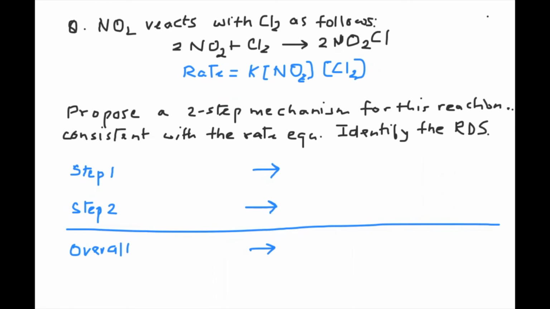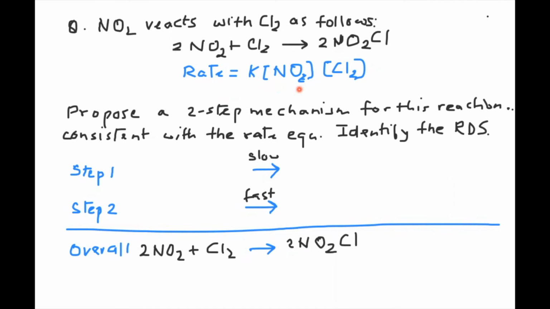Let's take another example of the reaction of NO2 with Cl2, where the rate equation states that NO2 and Cl2 are both first order. Let's write down step 1 and step 2 and then copy the overall equation given to us. You can see that the rate equation states that you need to use 1 mole of NO2 and 1 mole of Cl2 for the slow step.